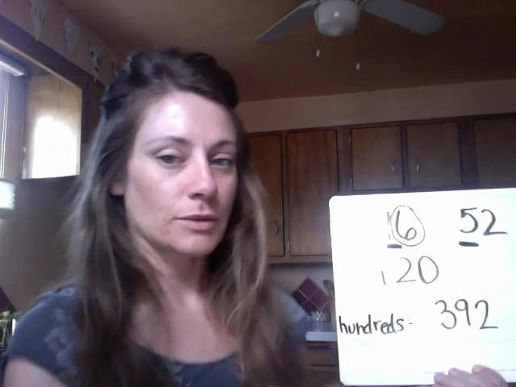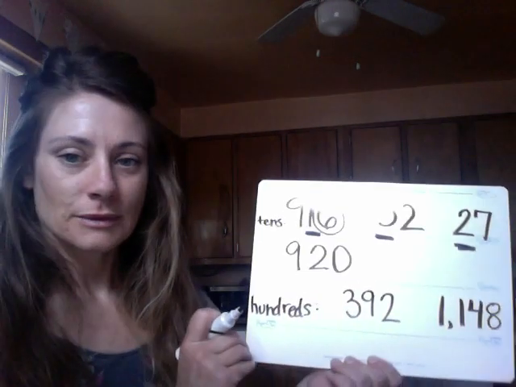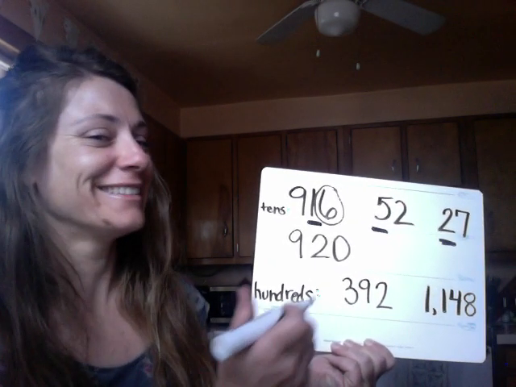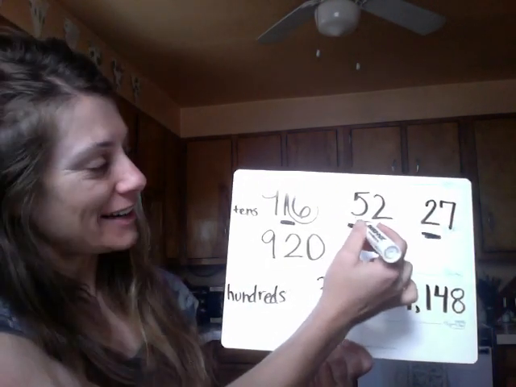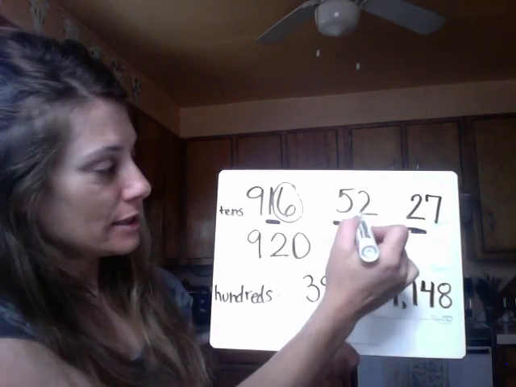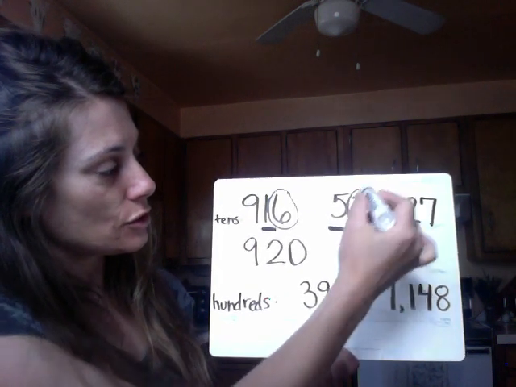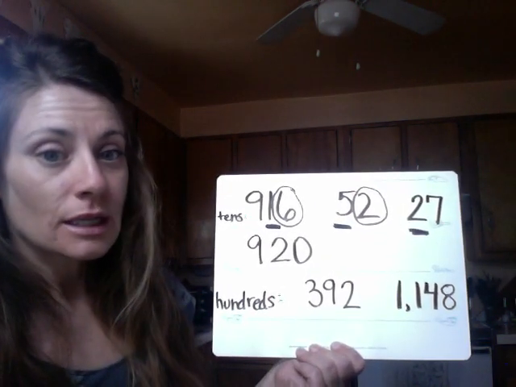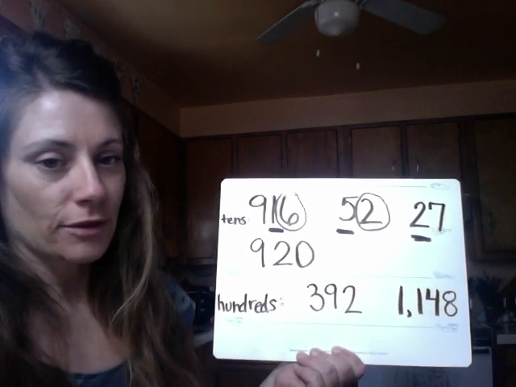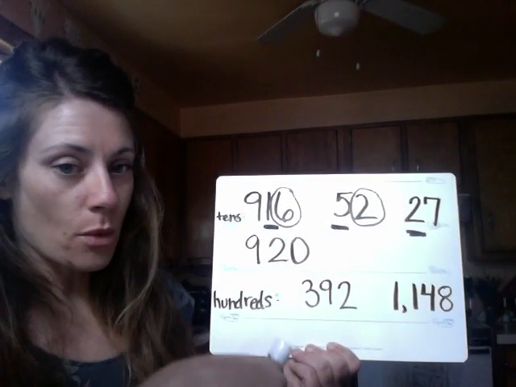Okay, let's try the next one. Ooh, there's a glare, isn't there? There we go. Okay, and now I'm going to round to my nearest 10 again. So I'm going to go to the number to the right of it, and I've got a 2. So 2 is lower than 5, so I am going to round down.